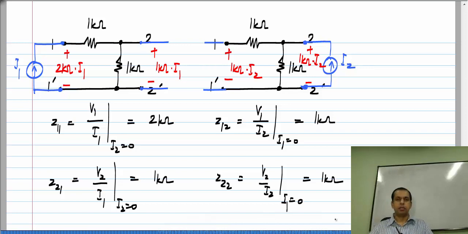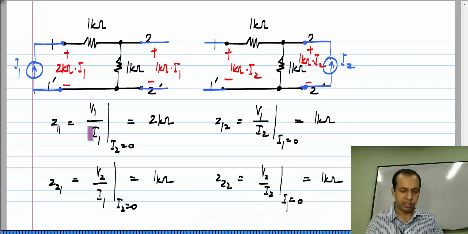So, these are the 4 Z parameters, and Z22 here is nothing but the resistance looking into port 2 with port 1 open circuited. If you look into port 2, you will see this 1 kilo ohm, and this 1 kilo ohm which is hanging, so it does not contribute anything. So, the looking in resistance into port 2 is just 1 kilo ohm, and that is what we see.